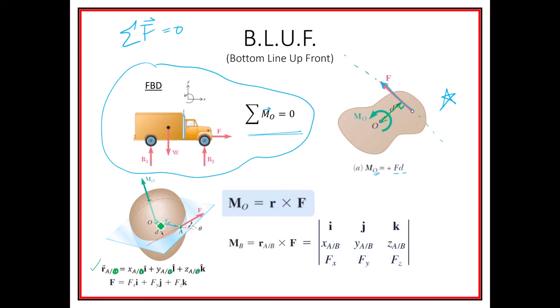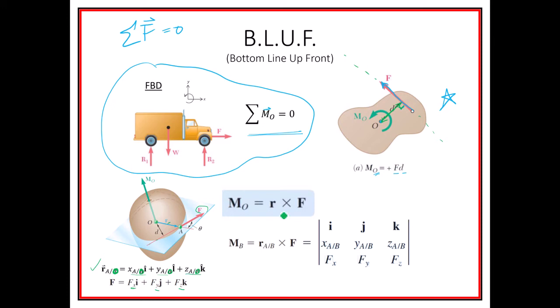So we're starting at O and finding A, and that's how we define it. So we have a distance in the x direction, y direction, and z direction, and then we have a force vector out here that we could break down into 3 components to be 3-dimensional.